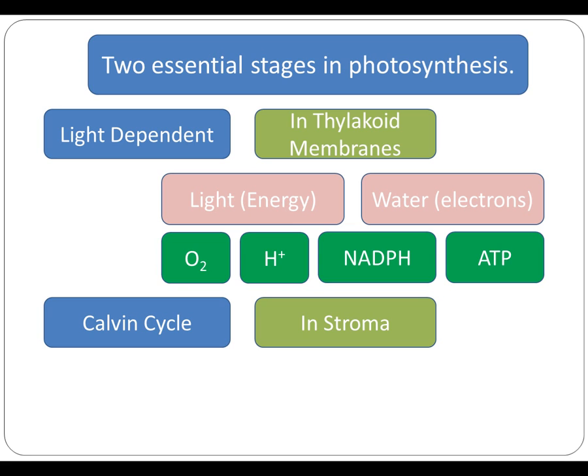What do we need to drive the Calvin cycle? We definitely need what was produced during the light-dependent reactions, in the form of ATP and NADPH, which are necessary to give energy.